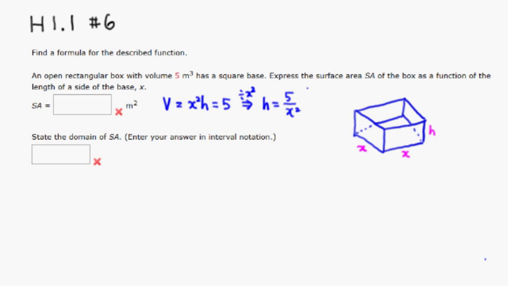So we have that. Then we want to express the surface area. What we need to do is open this up. We're going to cut this here and here and there and there, and open these guys up, this way and this way.